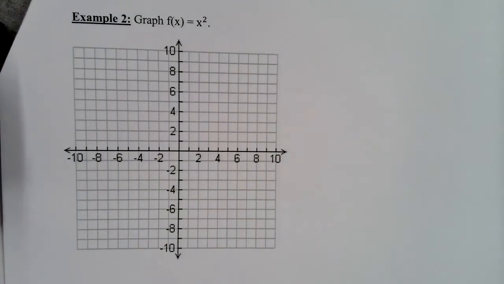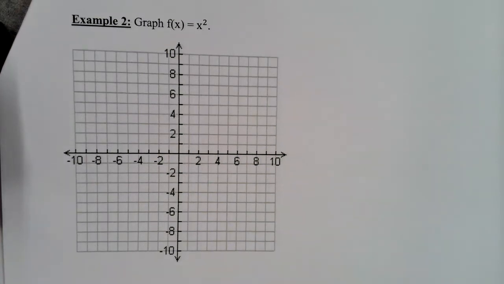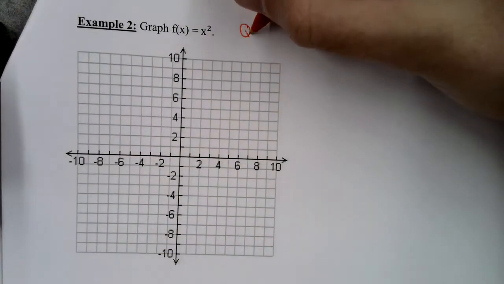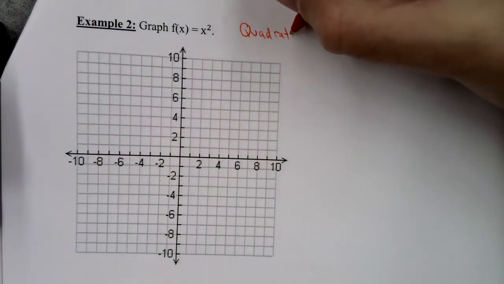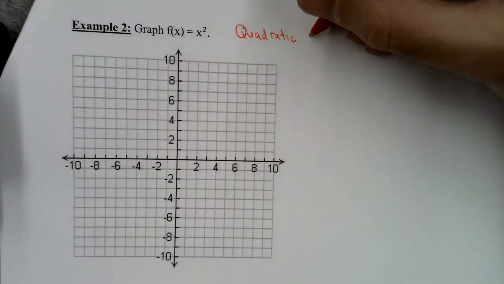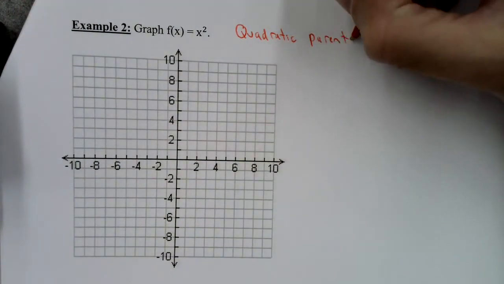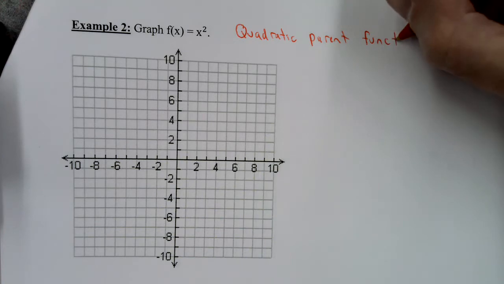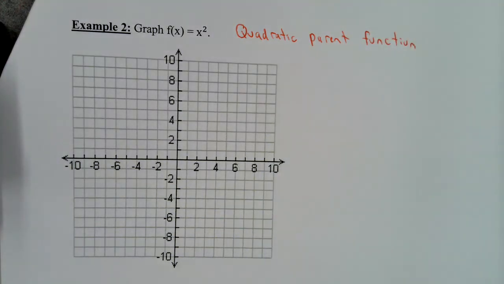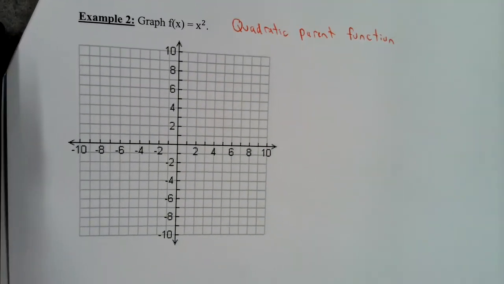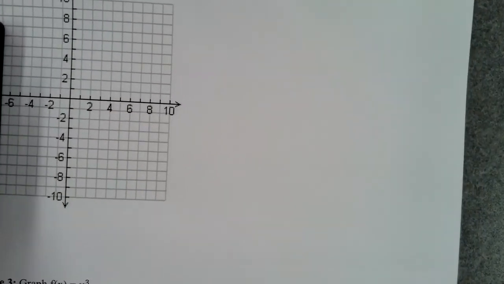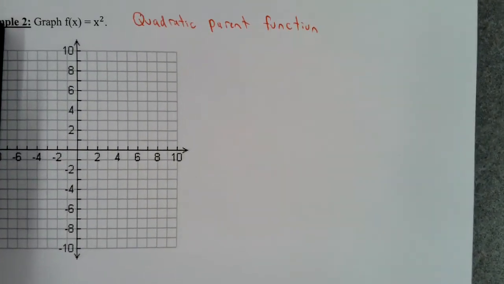This next one, graph f of x equals x squared. This is called the quadratic parent function. Again, I'm going to make a table, then we'll graph.